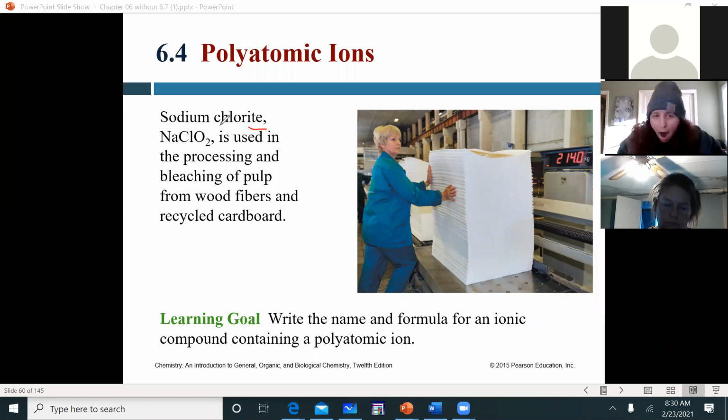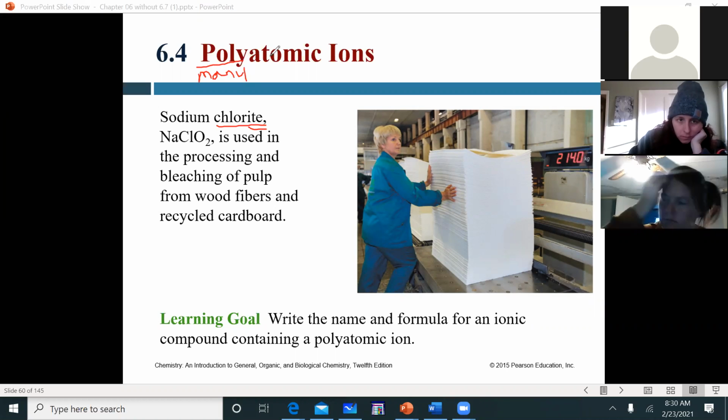Chlorite is this thing called a polyatomic ion. Poly meaning many, atomic meaning atom, ion meaning charged. So it's multiple atoms together in a packet with an overall charge.